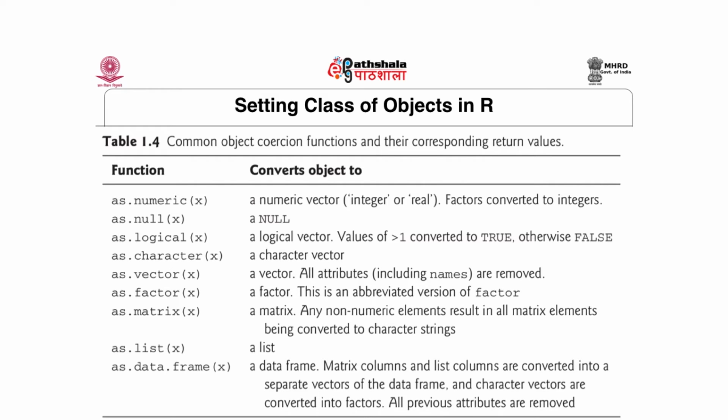So in order to do that, you use a function which is known as.numeric. So as basically tells you what it is that you want it to be, and numeric or null or logical or character or vector. We'll see what these are in the course of time, as what it is that you transform it to.